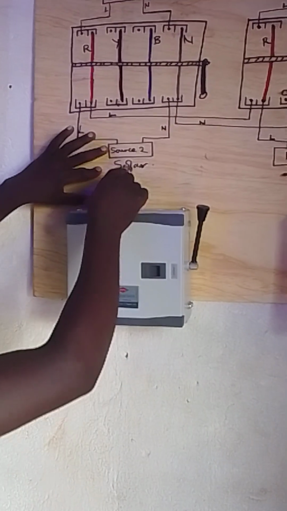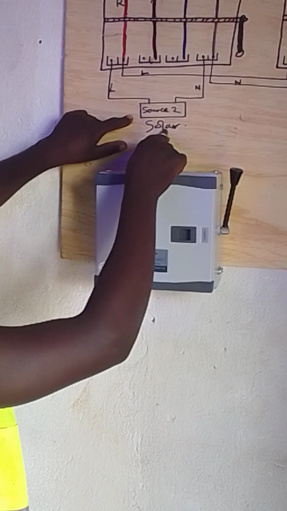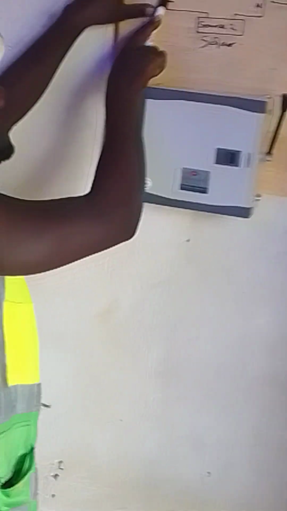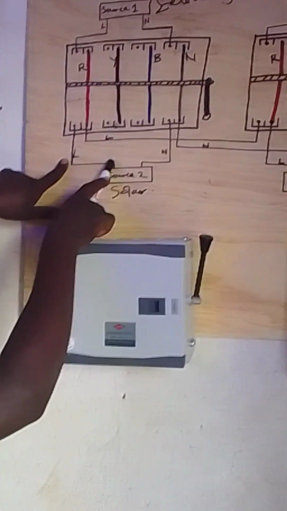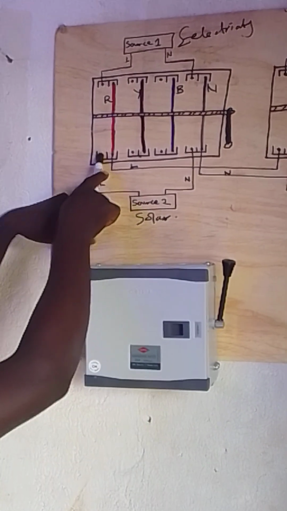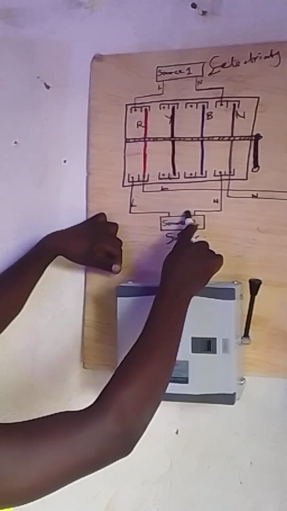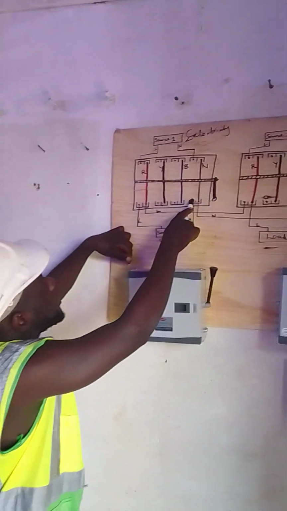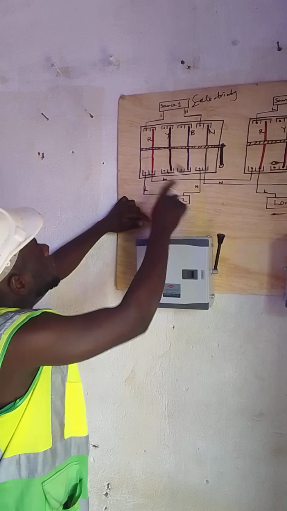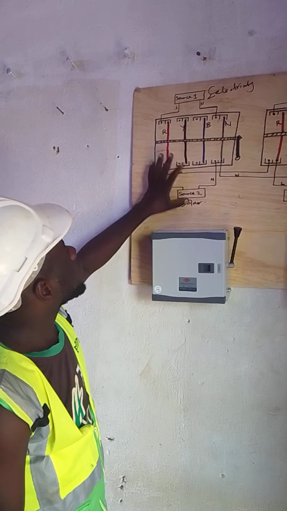So let's come to source 2, which is your solar system. The solar system you're going to connect as well. We have our supply come straight to the input terminal of the changeover. Also the neutral will go straight to the input terminal of the changeover. So this is our source 2.